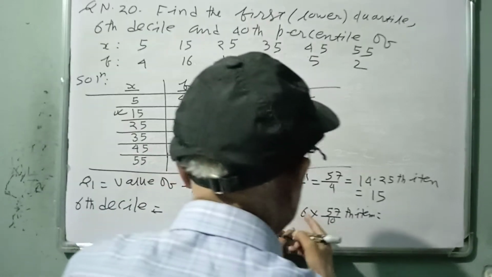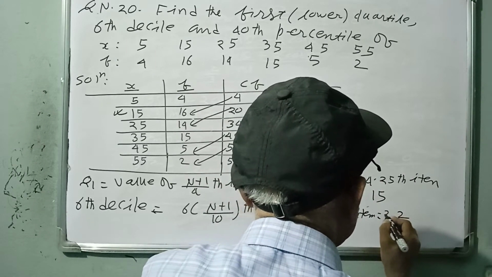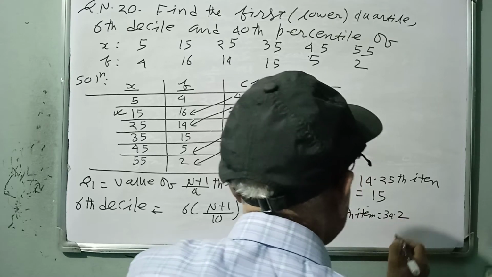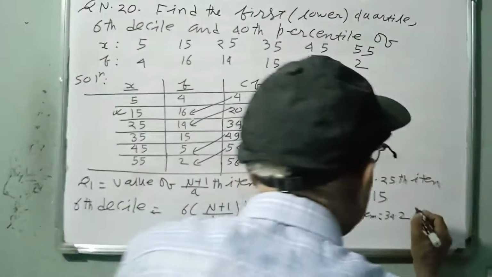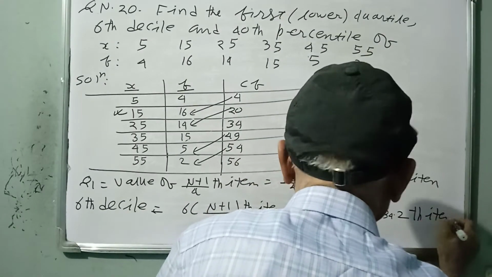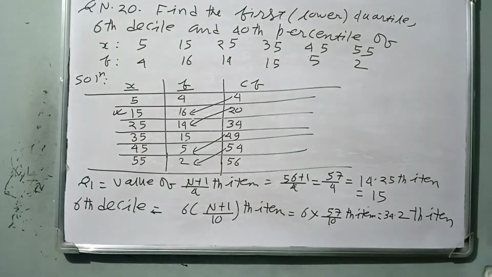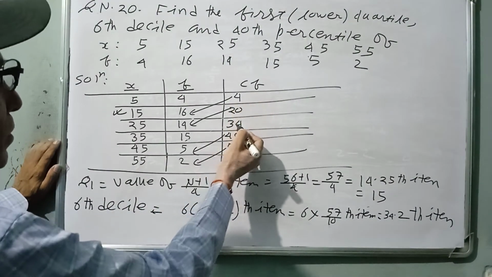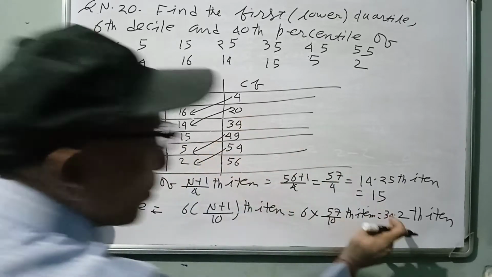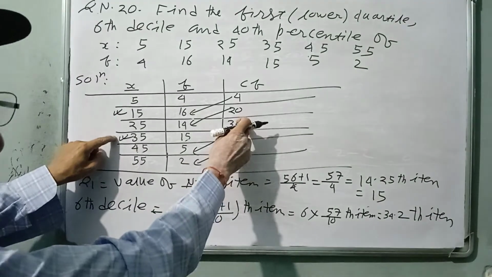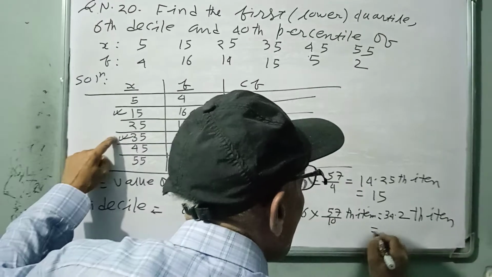What does it come? 34.2th item. Where does 34.2 lie? Not here, not here, 34.2 lies here, after 34. So this part only, it falls in 35.